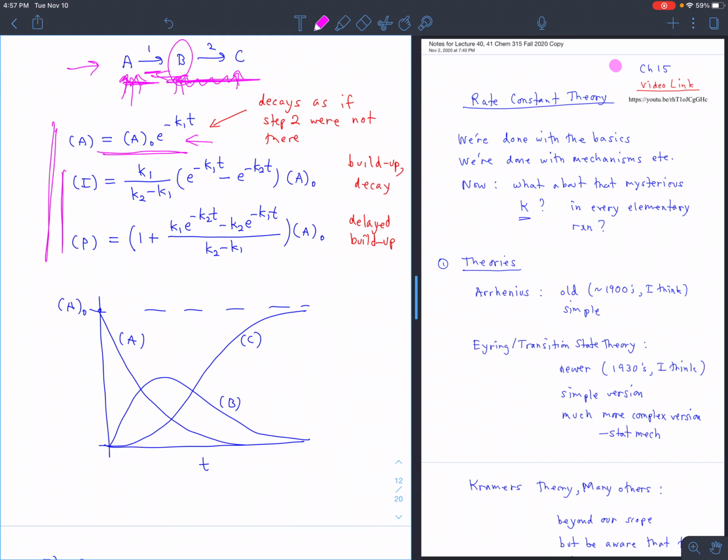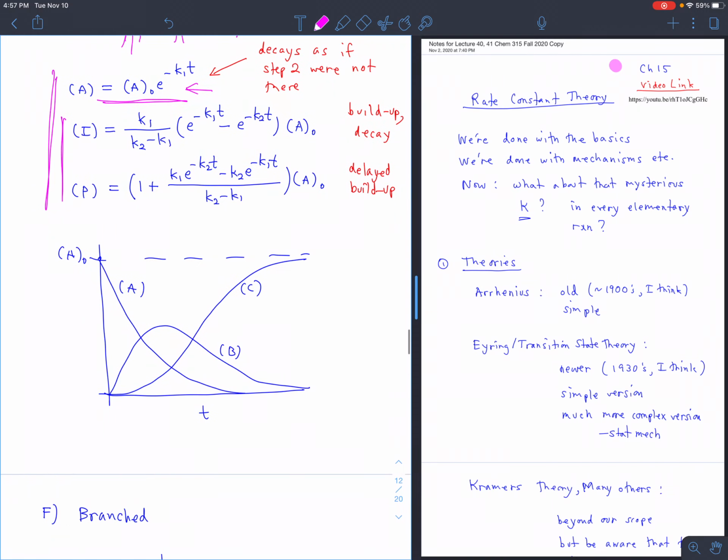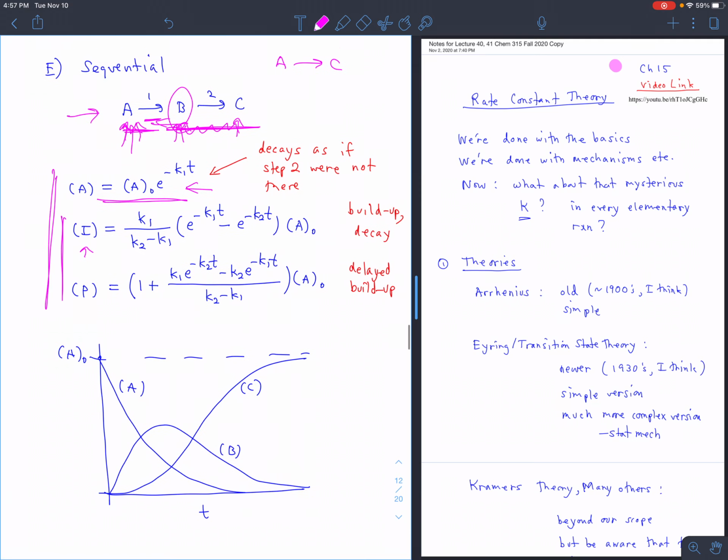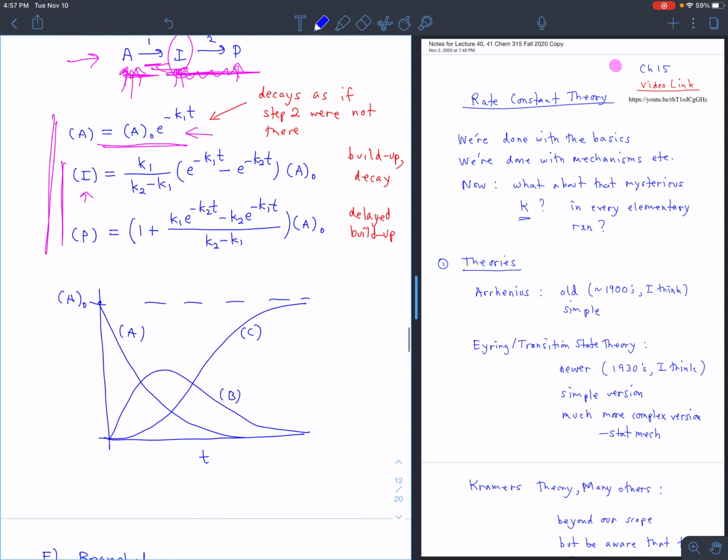These other two are described in the case of the intermediate I. Actually, in keeping with what I called these things in the original notes, let me call them I and P, and down here too.